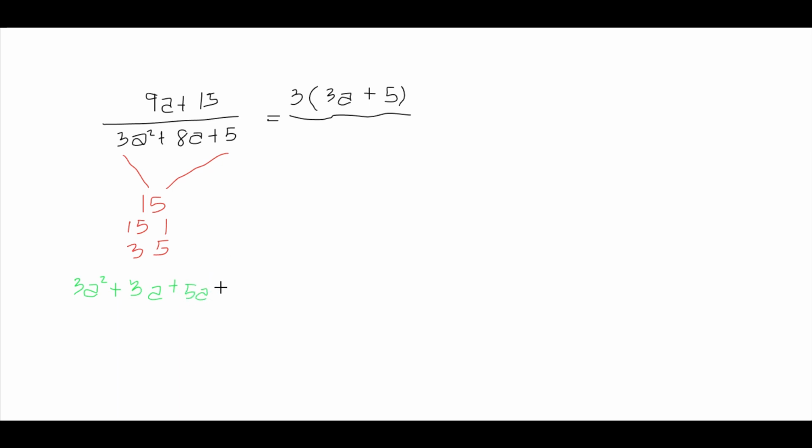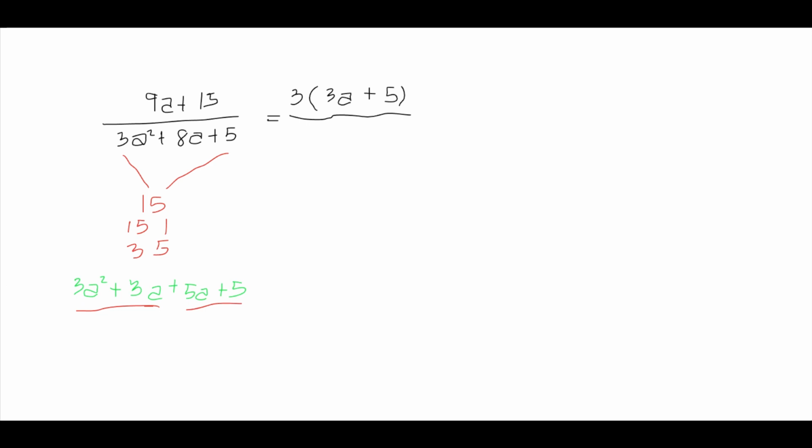And just copy the constant, which is 5. And right now, we can already factor this expression by grouping. So we can divide these terms into two groups: 3a squared plus 3a, and 5a plus 5.